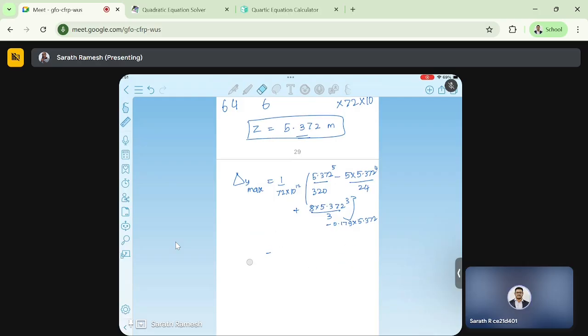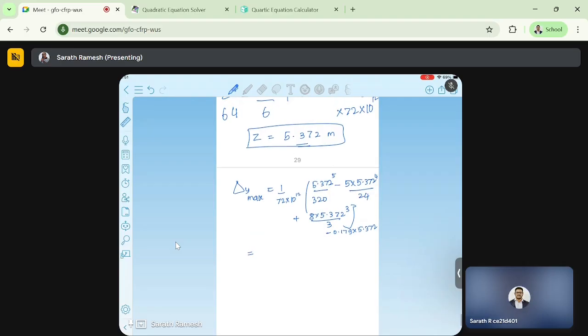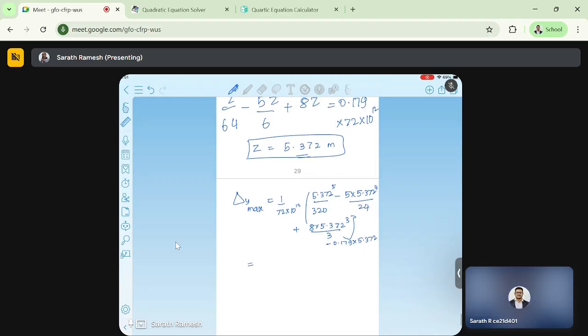Okay, so this will give us the value in meters, so it is not a decimal. I want it in mm.